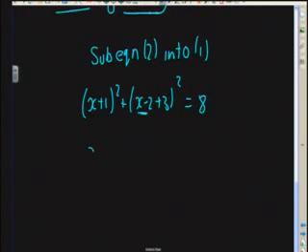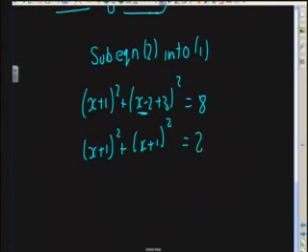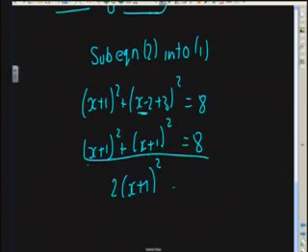So we're going to get (x + 1)² plus (x + 1)², because if I simplify within that bracket, 3 − 2 is 1. So I get (x + 1)² again. So if I've got (x + 1)² + (x + 1)², that's 2 lots of (x + 1)². Or you can simply, at that step, multiply out and solve. I just wanted to simplify it a bit.